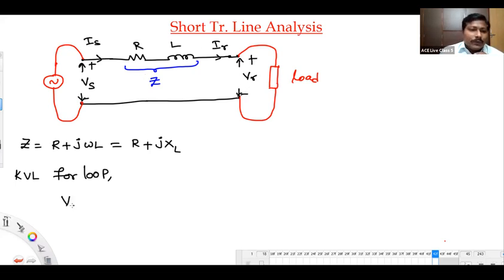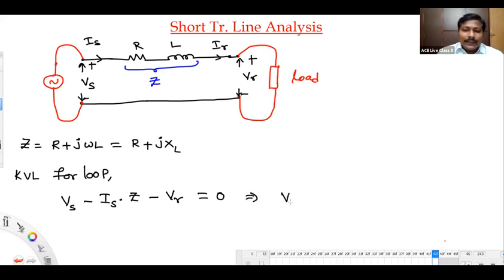So sending end voltage Vs minus the drop in this impedance, Is into Z, minus receiving end voltage VR, equals 0.